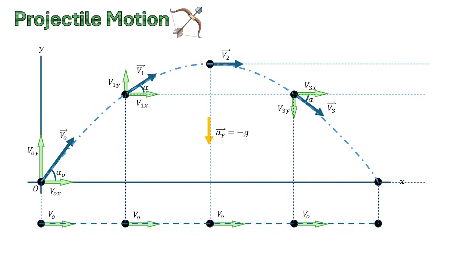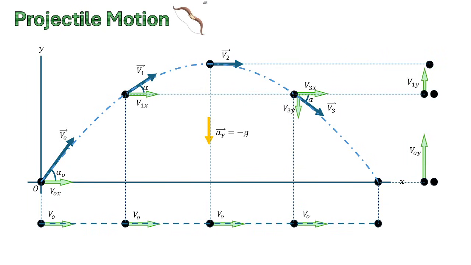So let's move the points here, here, here, there, and there. Let's get your v0y, v1y, and v3y. Notice that this is just the representation of our free fall second case.